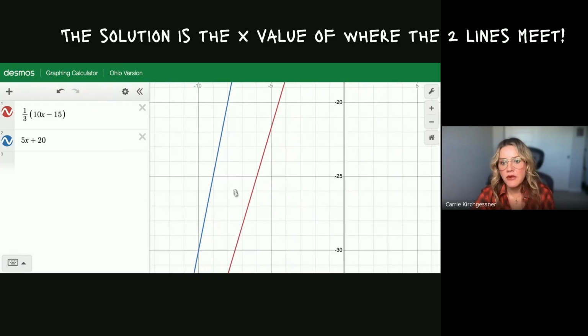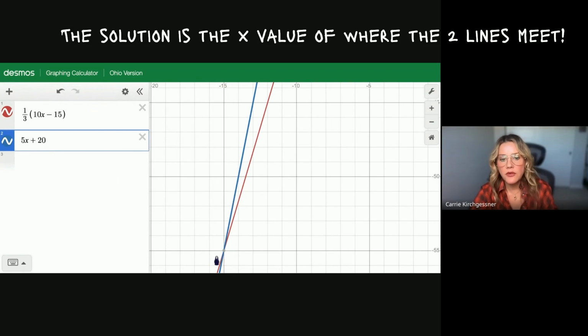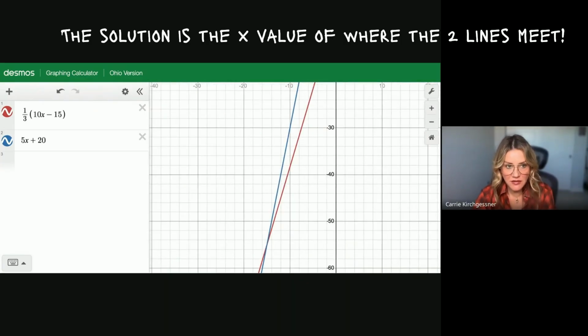So if we scroll all the way down, we can see that indeed, where those two lines meet, what did you get, Jamari, for your x? The solution to this equation is going to be wherever those two lines meet.